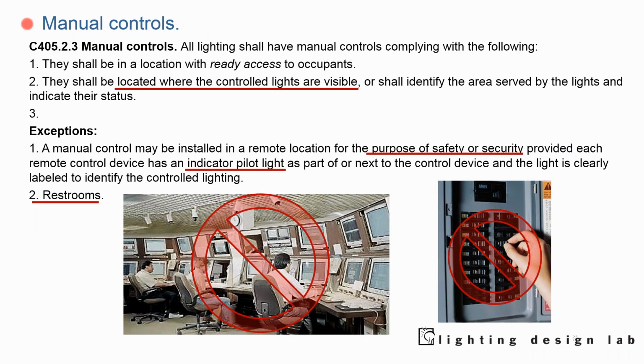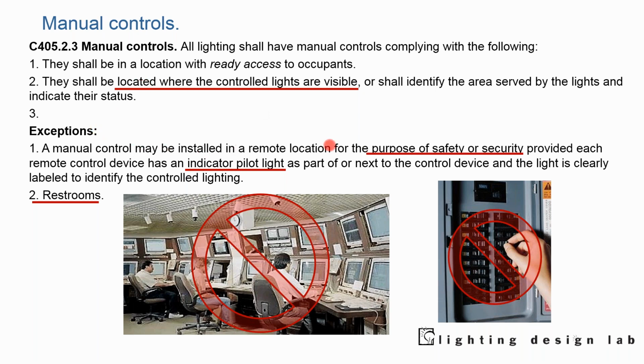The manual controls. All lighting shall have minimum manual controls complying with the following. They shall have a location with ready access to occupants, located where the controlled lights are visible. All right, so we can't have these control rooms or breaker panels someplace where you can't see what you're controlling.